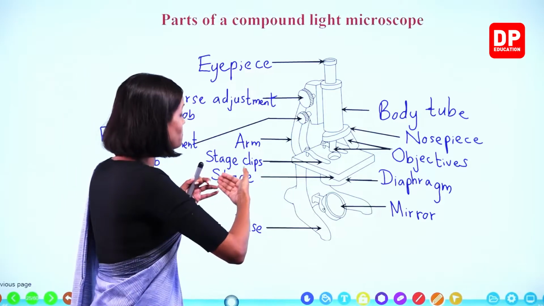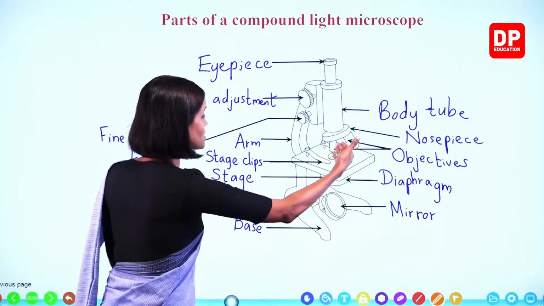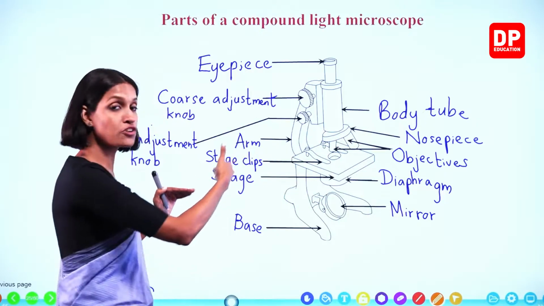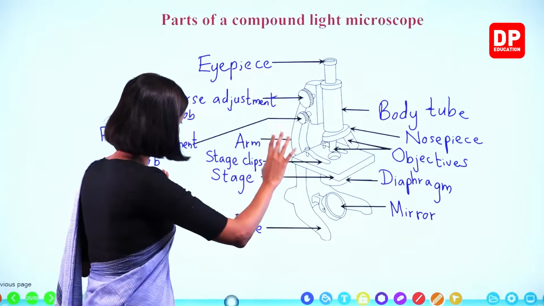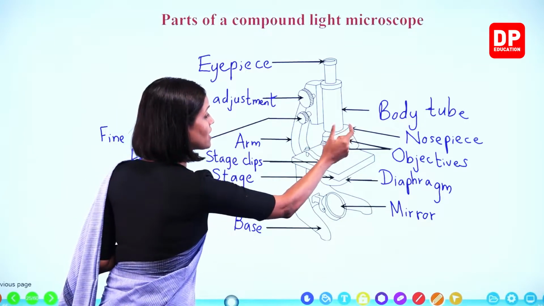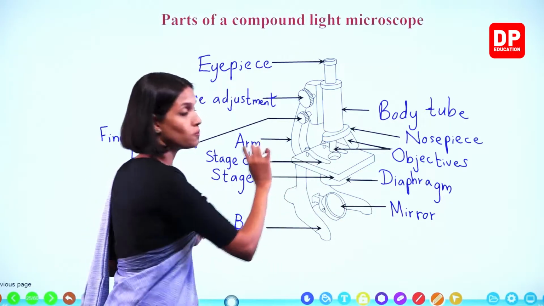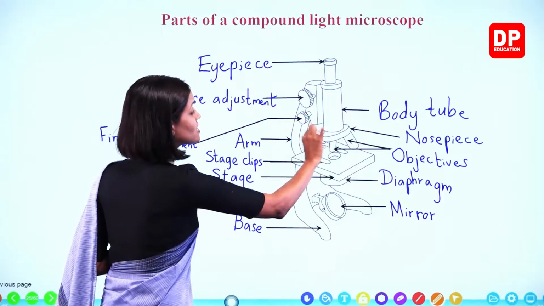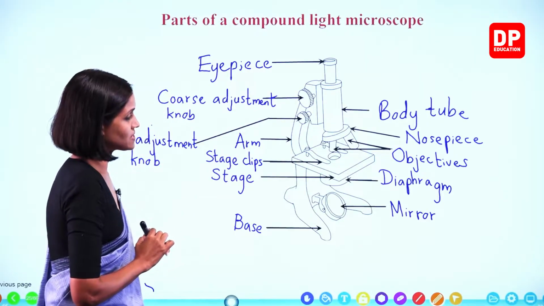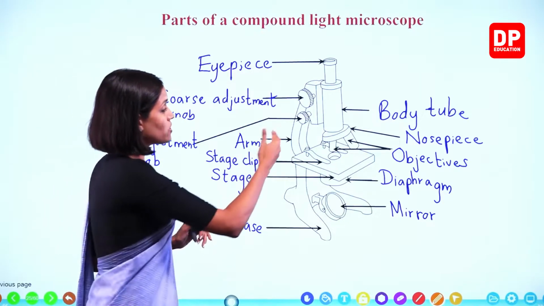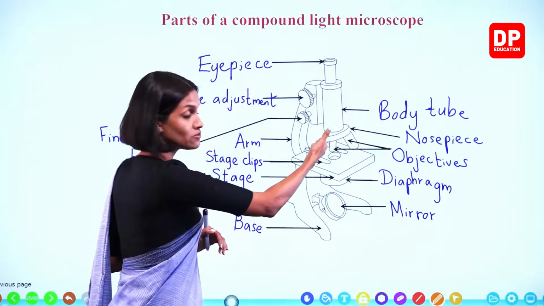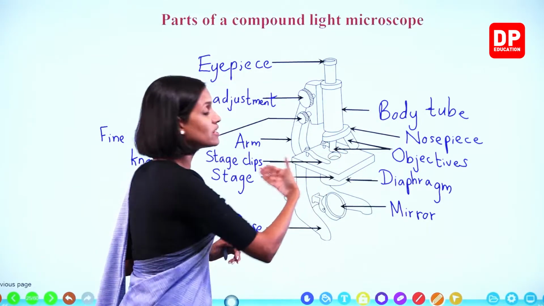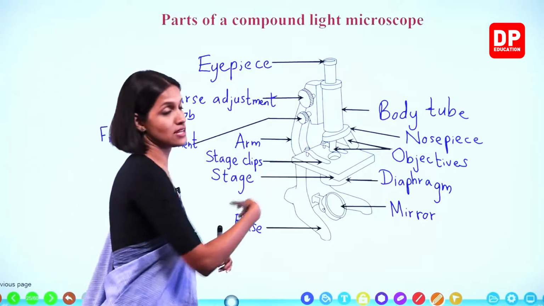Remember, when you place the specimen on the stage and when you remove the specimen from the stage, in both instances you have to rotate this nose piece to low power. That is the shortest objective lens, right? So it will not get harmed by the slide or the stage.